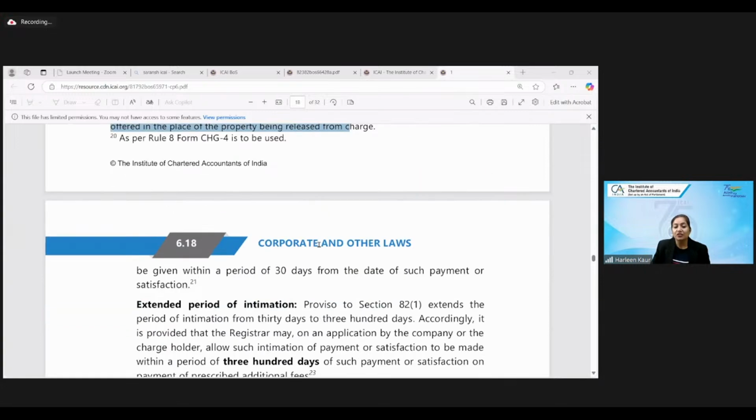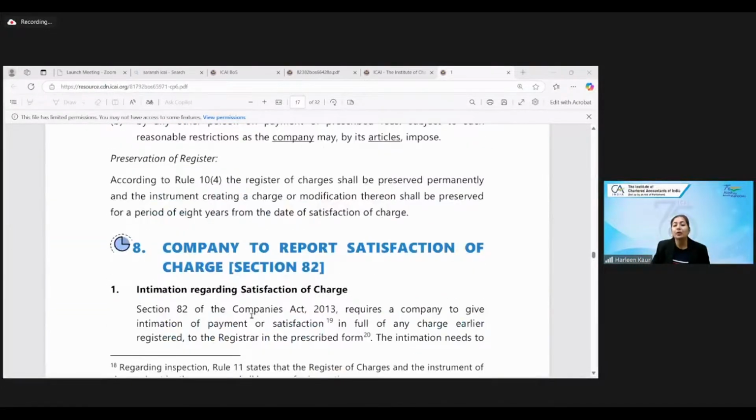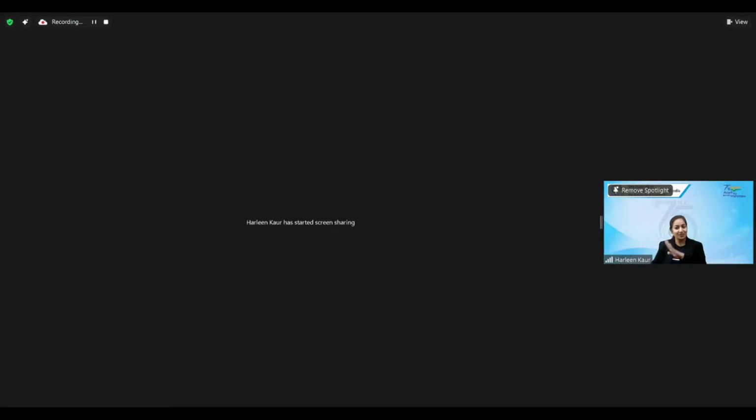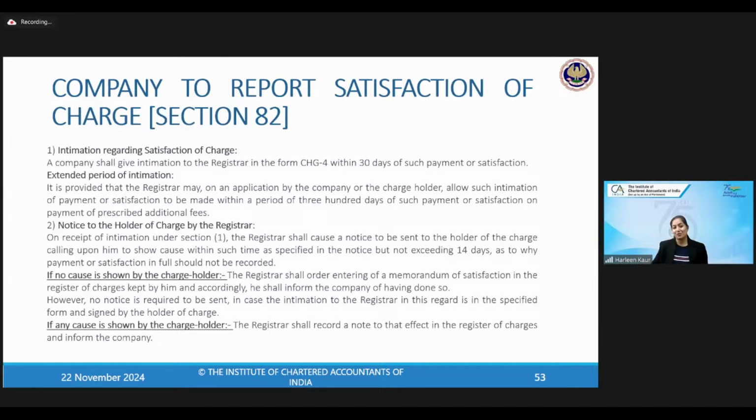And when this satisfaction happens, number one, you have to intimate the company. Now let's go to the notes. The notes as well as the study material, both have to be correspondingly referred. Each and everything from the study material has to be done very clearly, children.